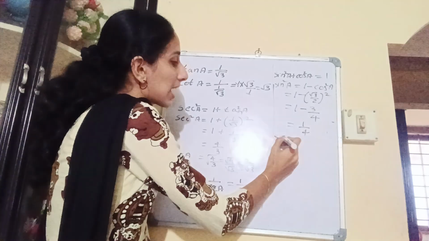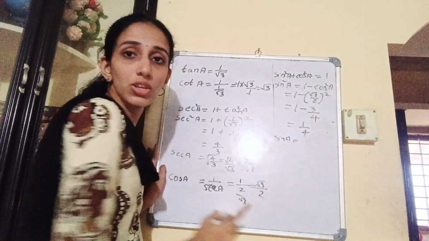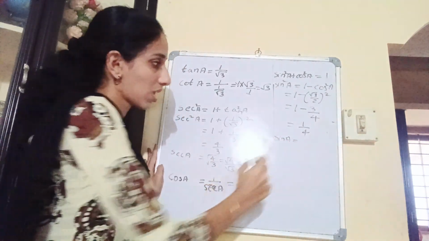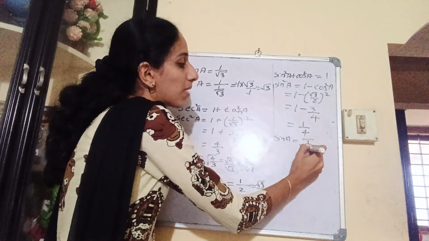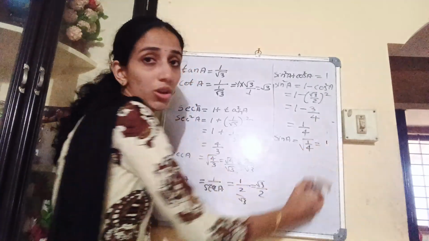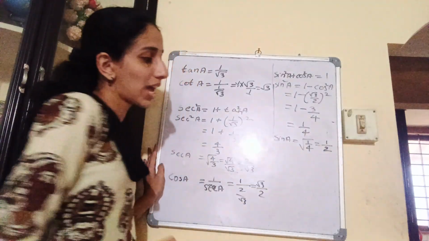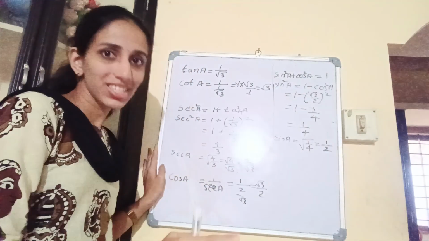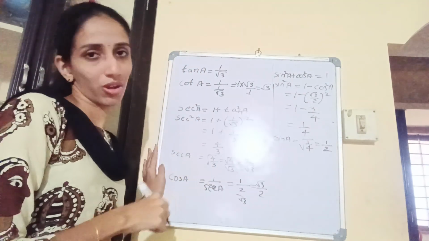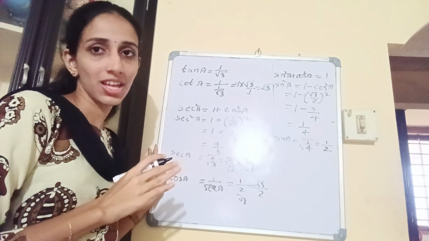So what will be sine A? Sine A is the square root of sine square A. That is square root of 1 by 4, which is equal to square root of 1 is 1 and square root of 4 is 2. So the answer is 1 by 2. And using this sine A, we can find its reciprocal also. What is the reciprocal of sine A?